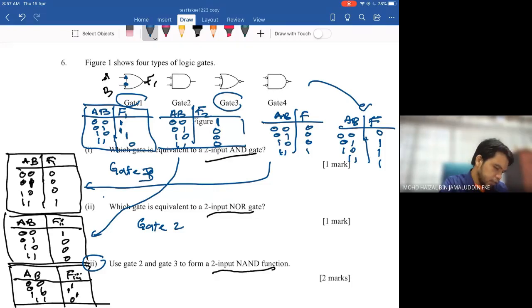NAND function is like this. So it should have, so this NAND should have like this. So it asks you to use gate 2 and gate 3 only.